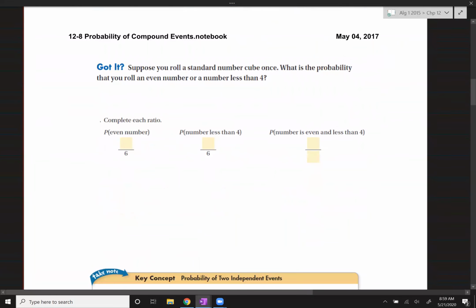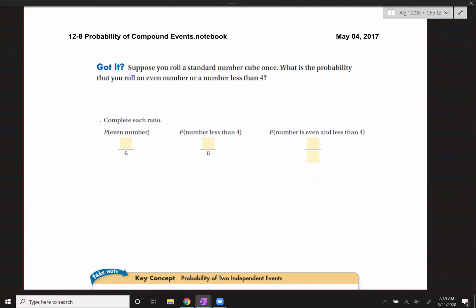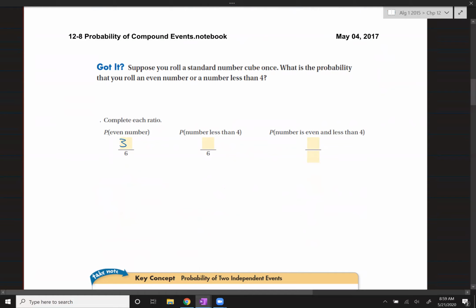Ready? Suppose you roll a standard number cube once. What's the probability you roll an even number or less than 4? Okay, so what's the probability of getting an even number? That's 2, 4, 6. You'll see I'll write those out. A number less than 4 on a number cube is 1, 2, 3.